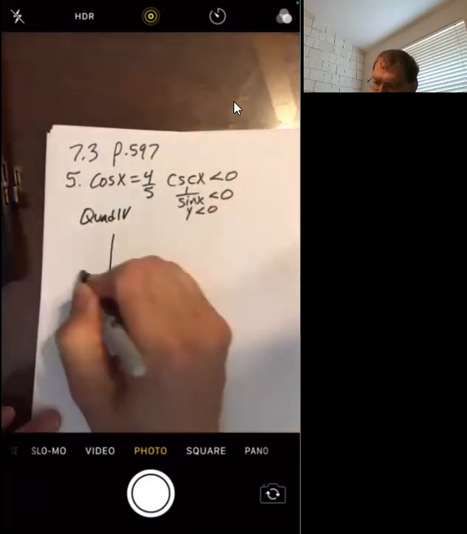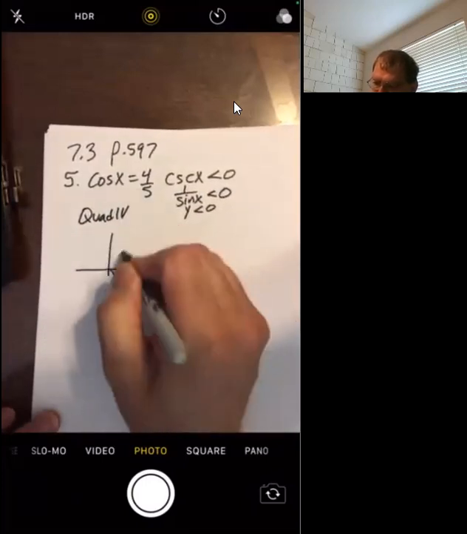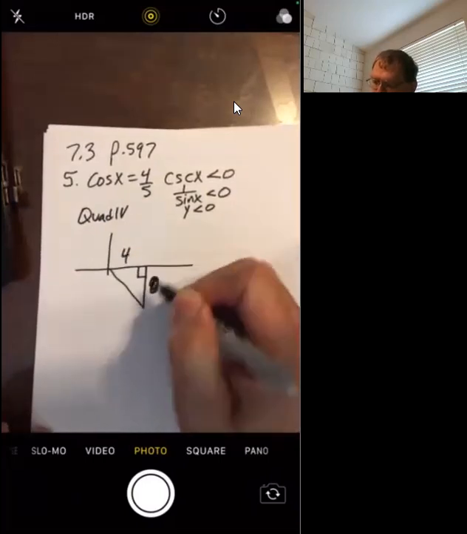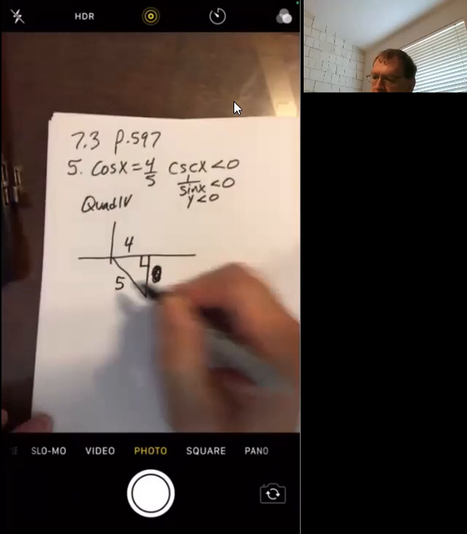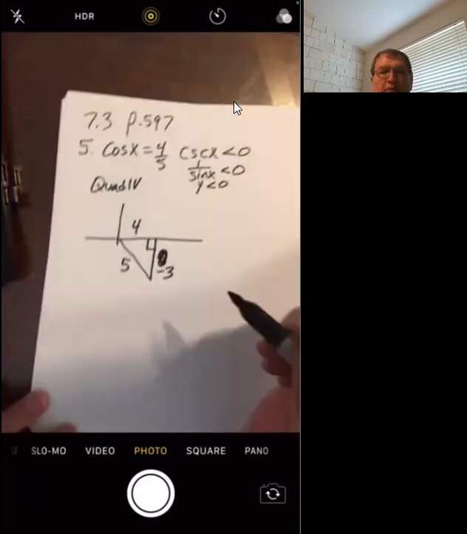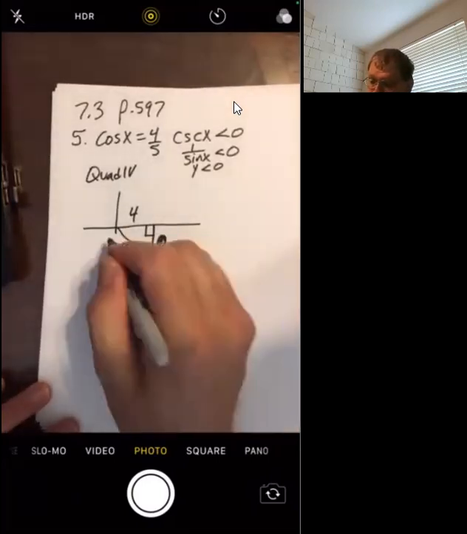So your picture would look like 4 over 5, and your y is negative. It'd have to be -3 if you can tell that. It's a 3, 4, 5, but the 3 is negative.